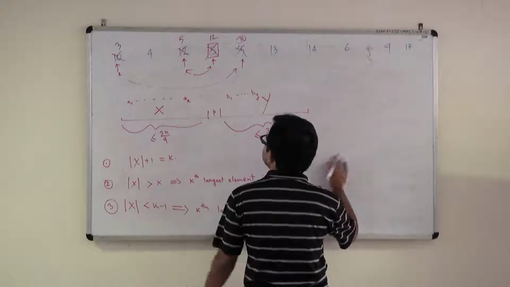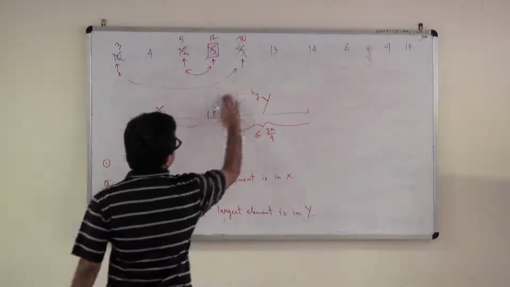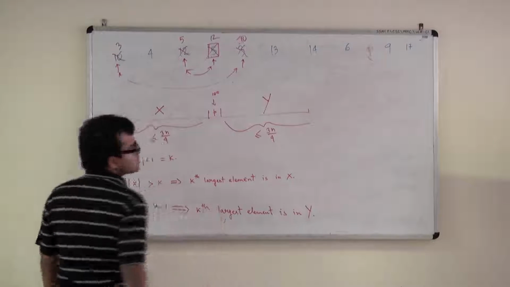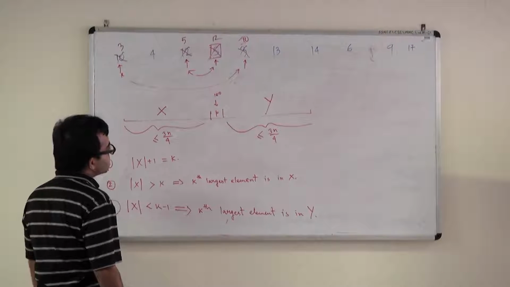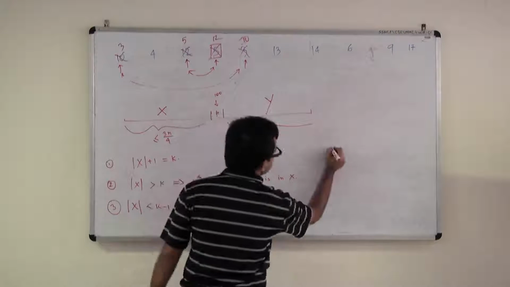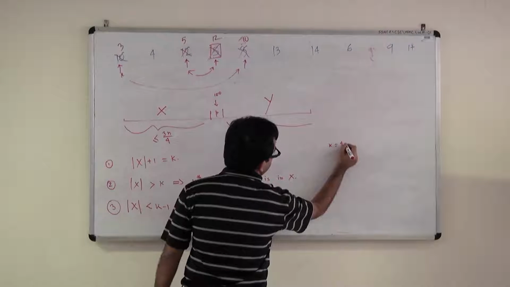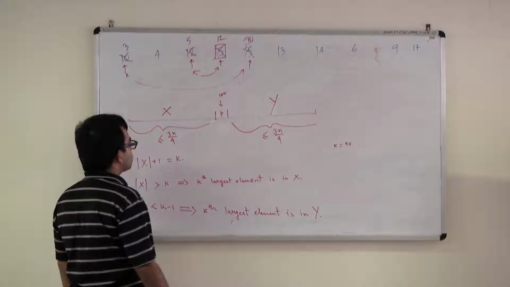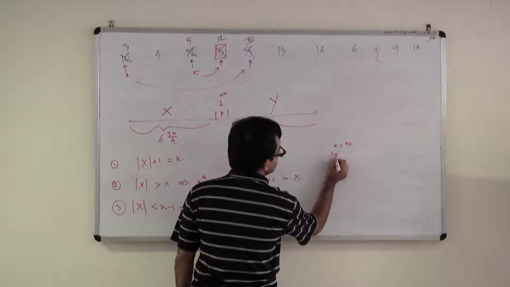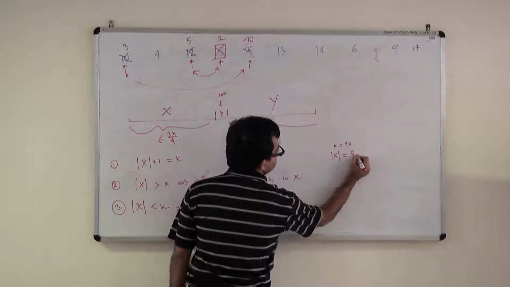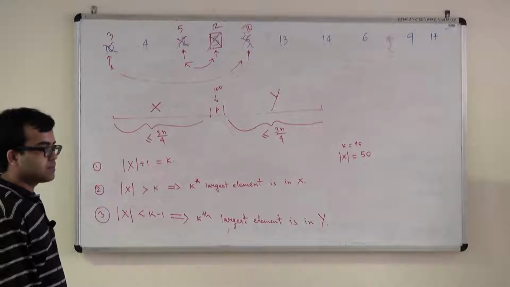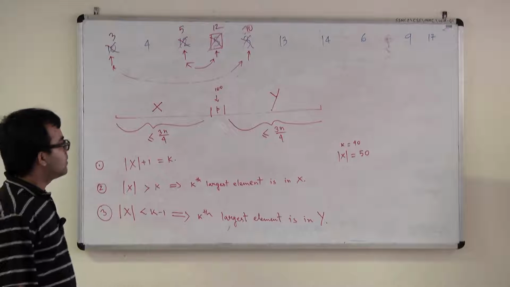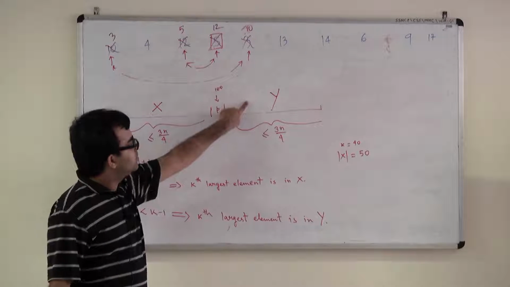Okay, let's just fix some specific values. Suppose P is 100. Suppose K is 40, so you want to find the 40th element. Now suppose the size of X is say 50. What do you know? Each element in Y is greater than P, right?